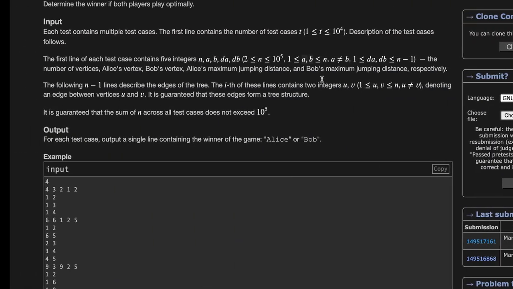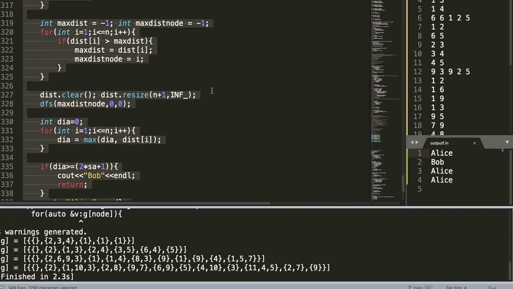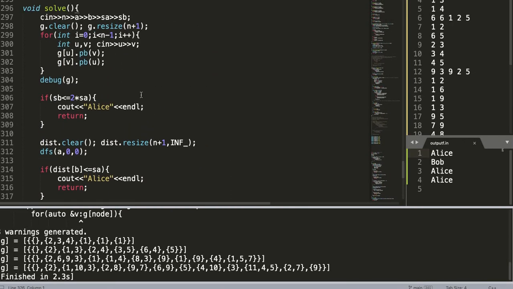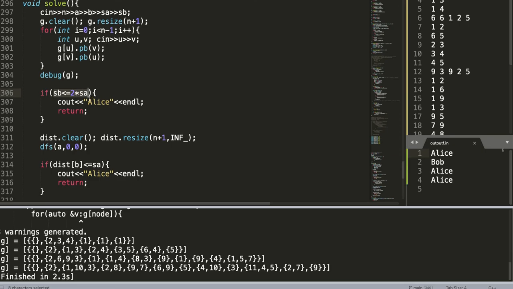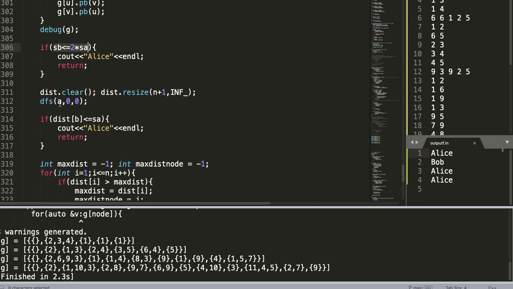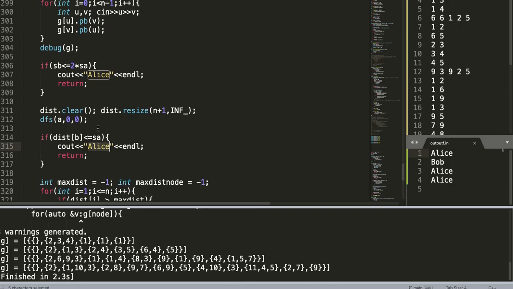So this is a bit of casework, and looking at the code, this is the initial trivial condition check. Then we see what is the initial distance from A to B. If the distance from A to B is less than or equal to SA, Alice will naturally win.